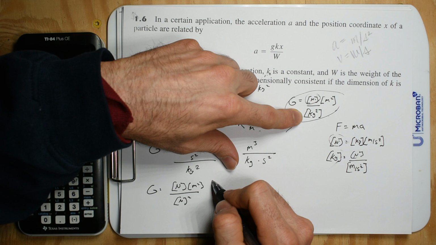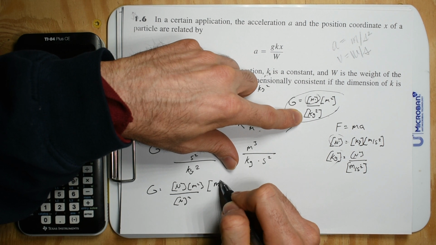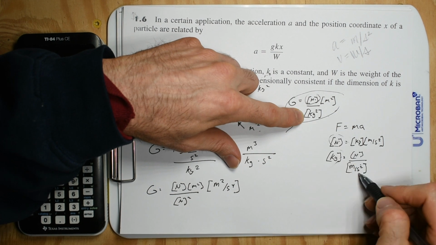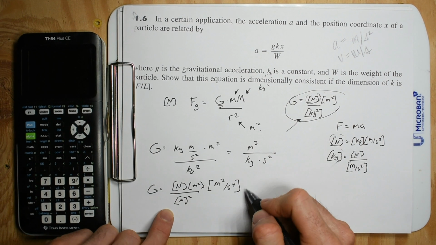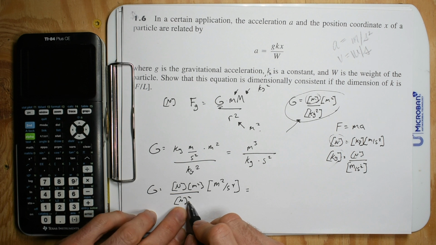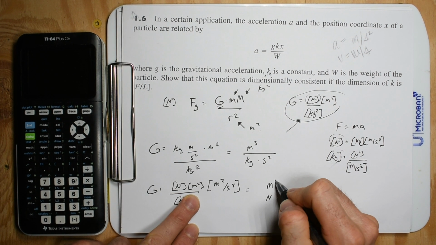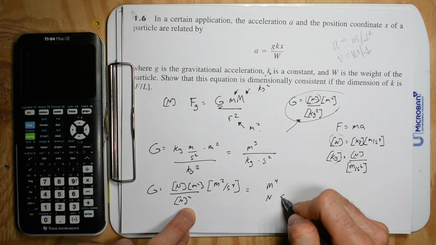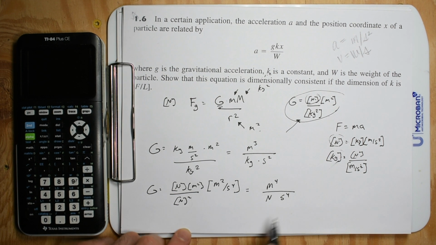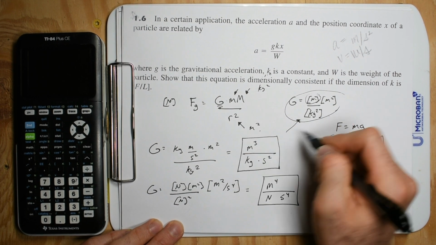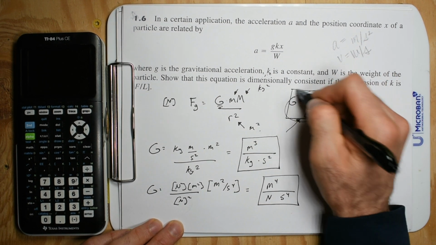Divided by, that's the same thing as multiplying up here by meters squared seconds to the fourth, because we got to square it. So anyway, now you're going to have newtons downstairs, meters to the fourth upstairs, and then seconds to the fourth downstairs. Cool. So here is kind of like 3 ways to write the gravitational constant.